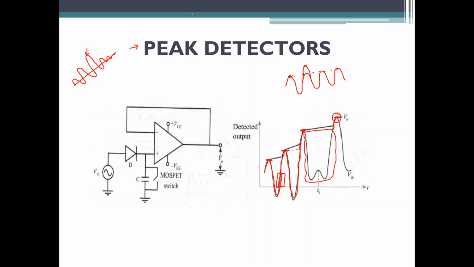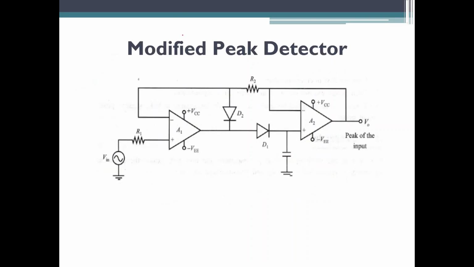In fact, this circuit has been modified in the next slide, and that is called the modified peak detector circuit. The same circuit we have studied has been modified, and you can check it out. Here you have the input voltage being applied, and this is your voltage follower circuit.